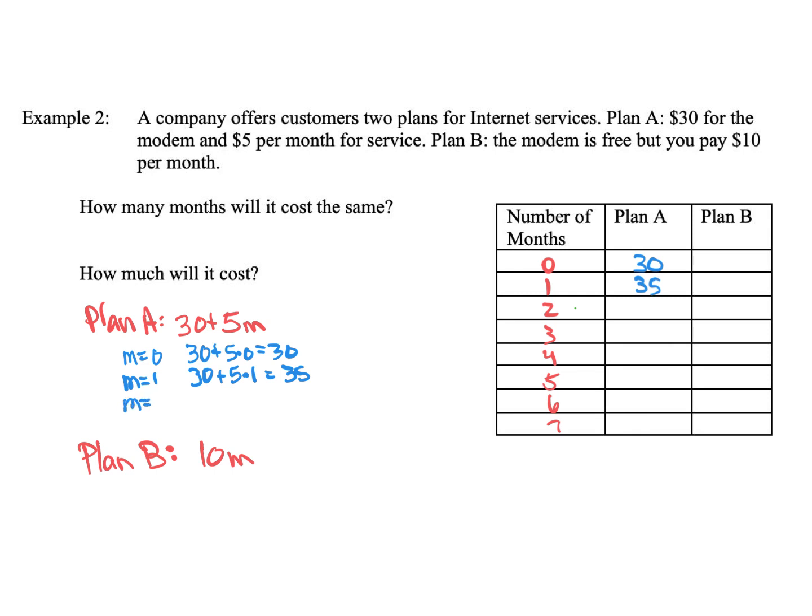And then we have 2 months. So 30 plus 5 times 2, that's 40. Then 3 months, 30 plus 5 times 3, that's 45. 4 months, 30 plus 5 times 4, that's 50. 30 plus 5 times 5.